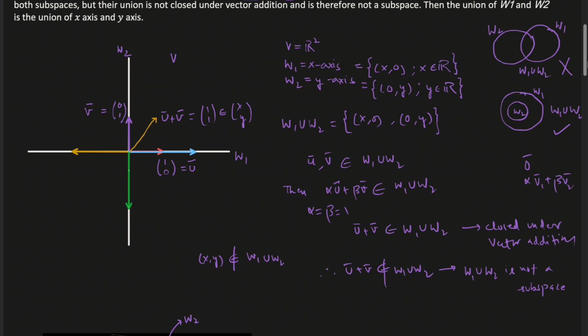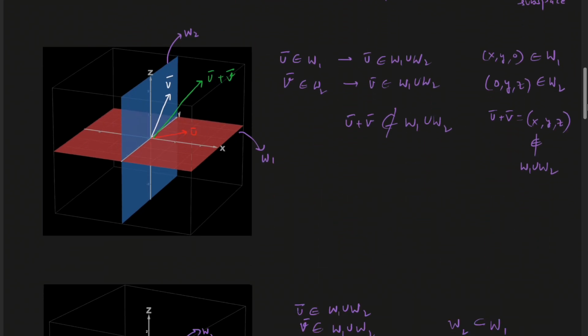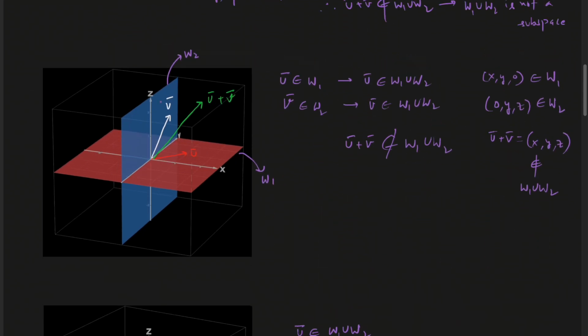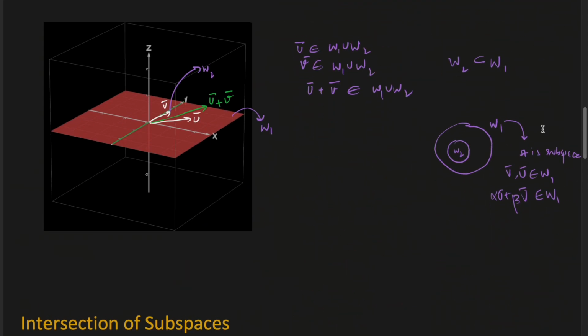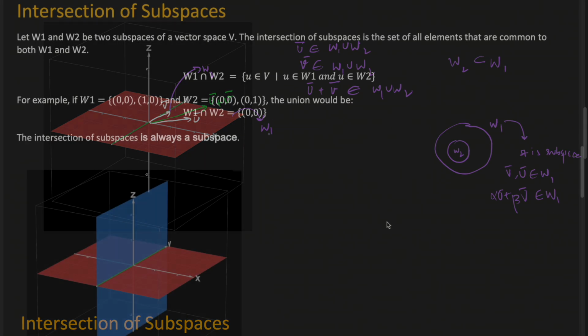So in this case, the union is not a subspace. Same goes for the second case. Here also W1 and W2 are not contained by each other. So again, the union here is not a valid subspace. But in this case, W2 is contained by W1. W2 is a subset of W1. So therefore, in this case, W1 union W2 is a valid subspace.